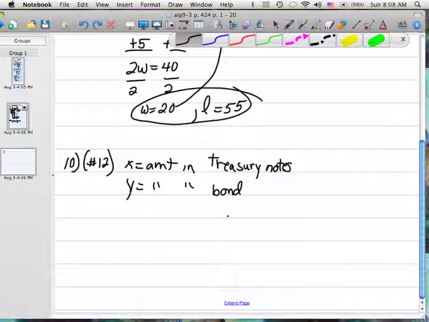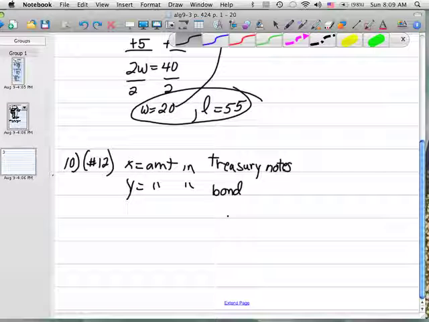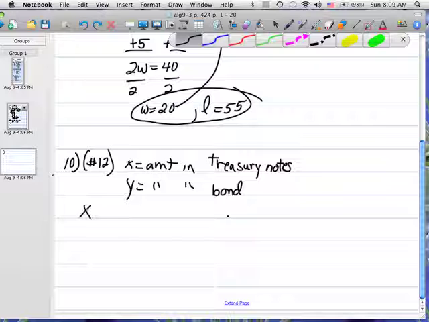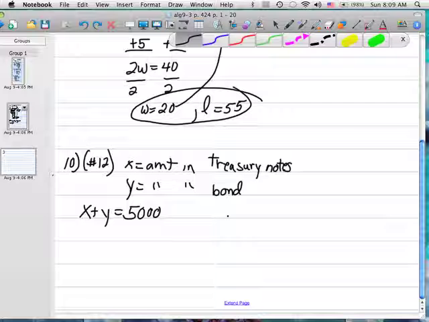And it says that the total investment was 5,000, so X plus Y equals 5,000. And then they say the notes pay 8%, so 0.08X is the interest for the notes.